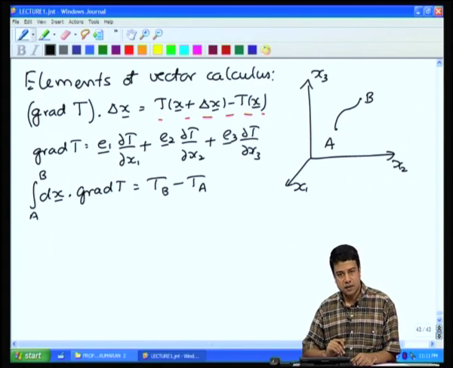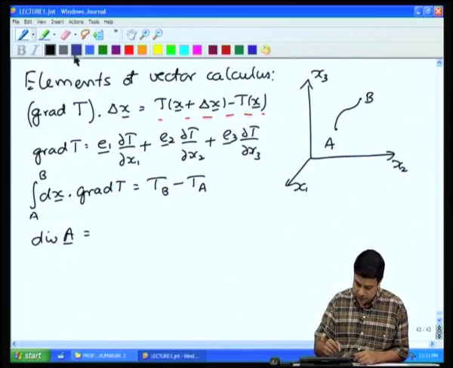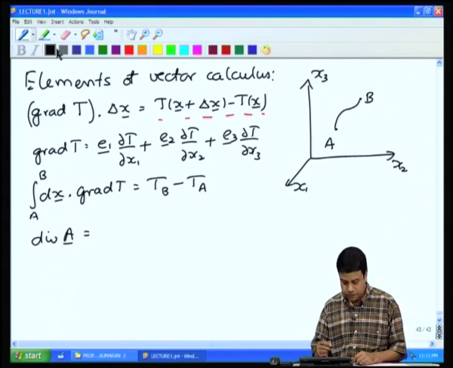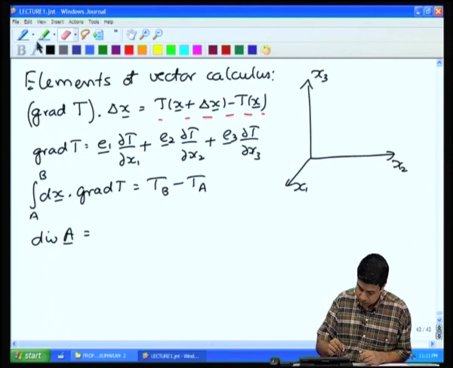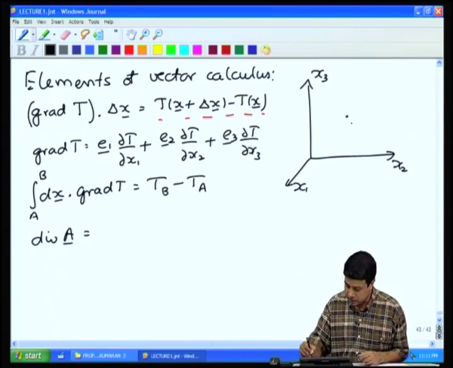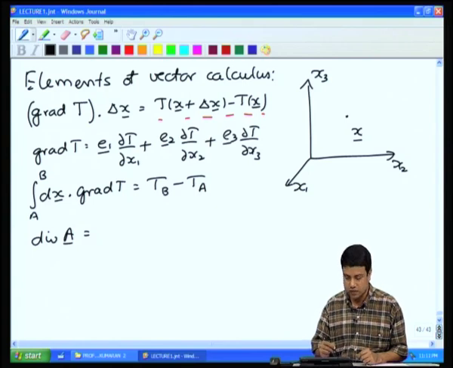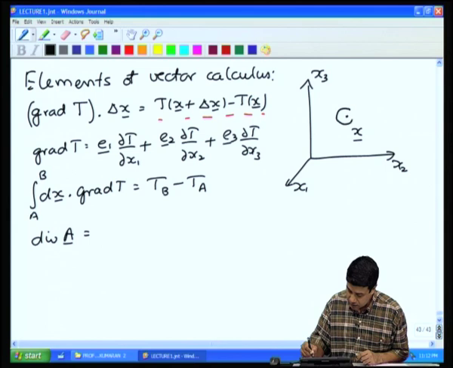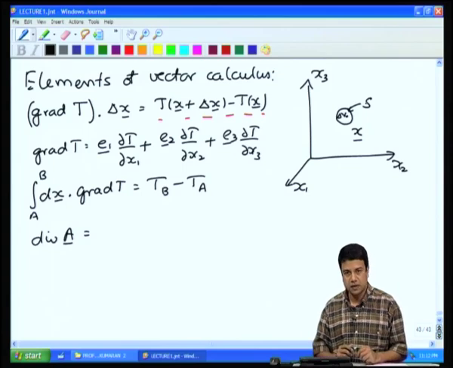The second is the divergence. The divergence of a vector A is defined as follows. If I want to know what is the divergence of A at some location x, I construct a small volume delta V with a surface S around this point.